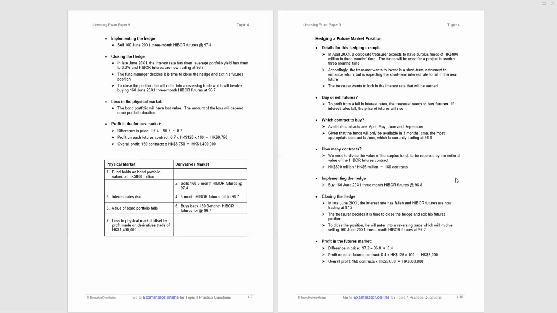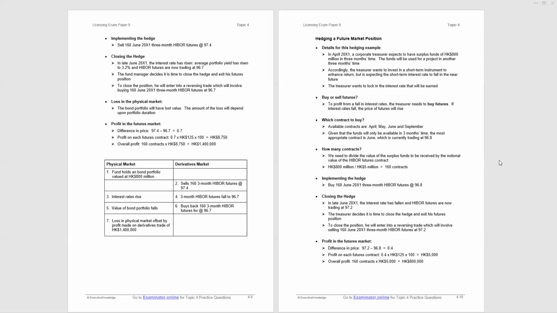So the difference in the price, 97.2 minus 96.8, gives us a 0.4 profit. The profit on each futures contract, 0.4 multiplied by the 125 Hong Kong dollar movement, and we then multiply by 100, giving a profit in each futures contract of 5,000 Hong Kong dollars.